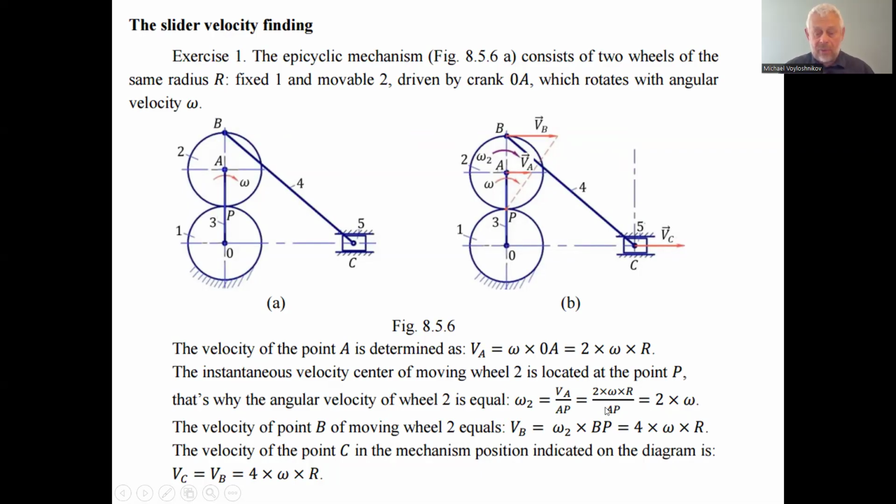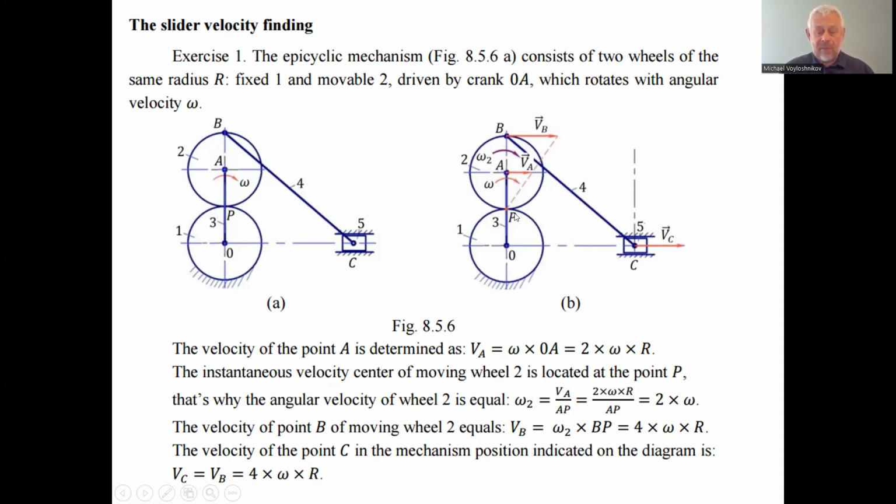AP is equal to R. So we have 2 omegas as the angular velocity of the second wheel. The velocity of the point B on the moving wheel equals omega 2, which is 2 omegas, the angular velocity of rotation of the second wheel, multiplied by BP.